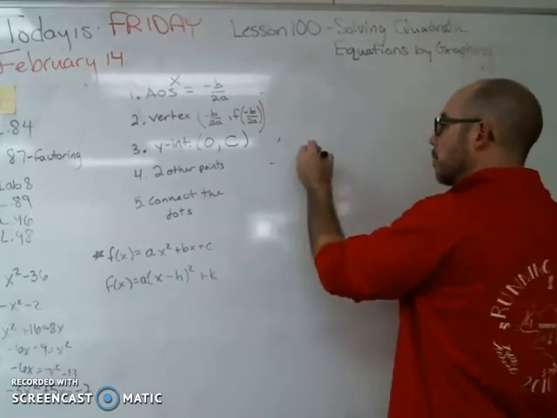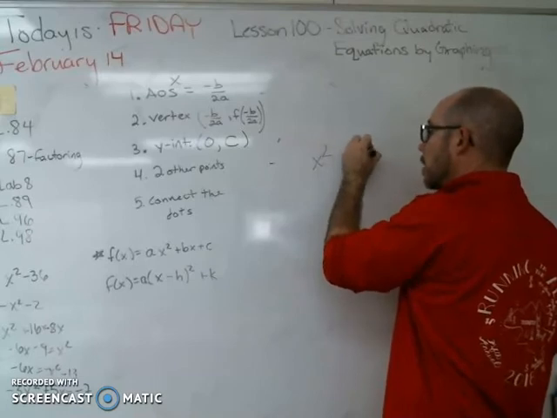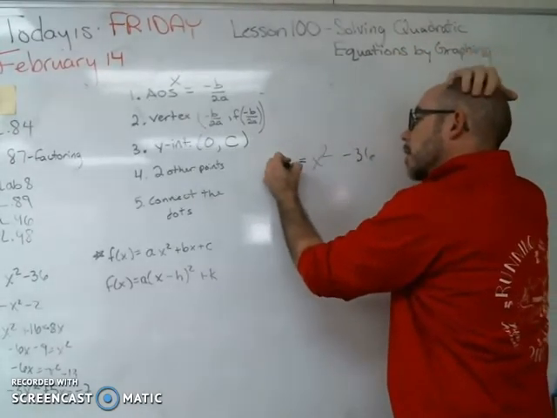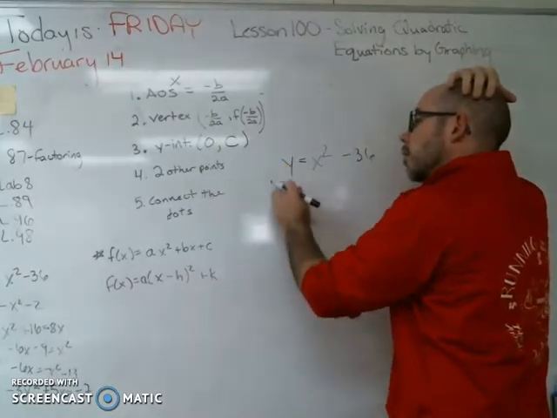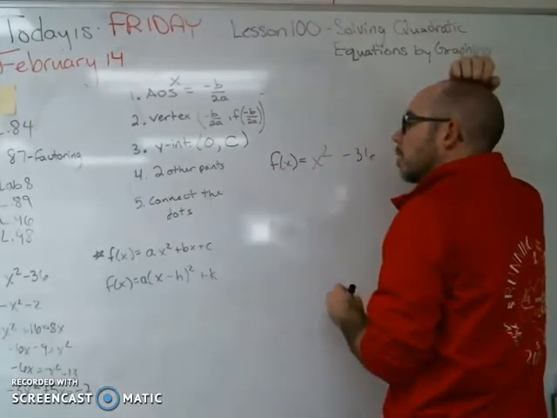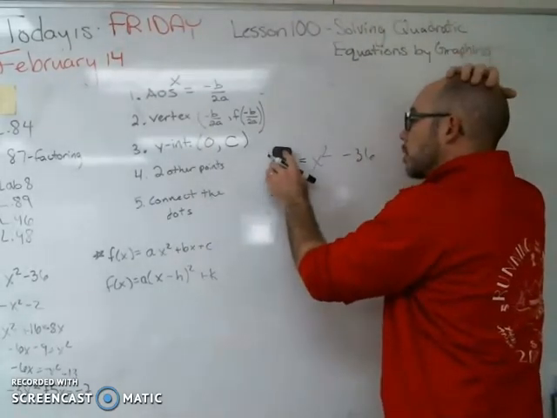The first one that I have in the book is dealing with this problem right here. And instead of this being a function like either y equals, like what we put in our graphing calculator, or function notation, what we're doing here is we're solving.